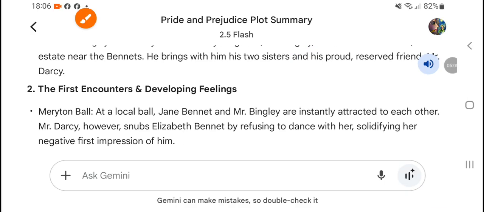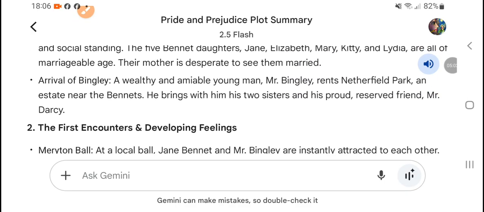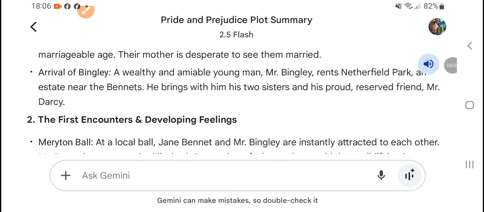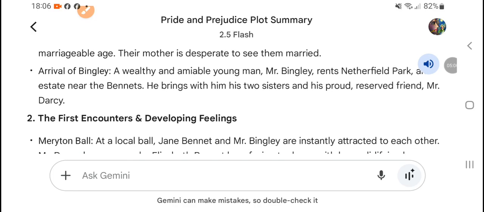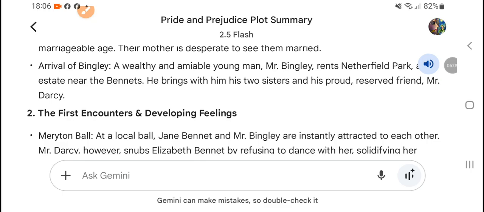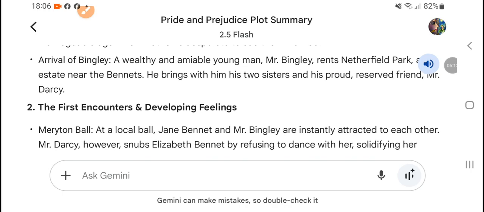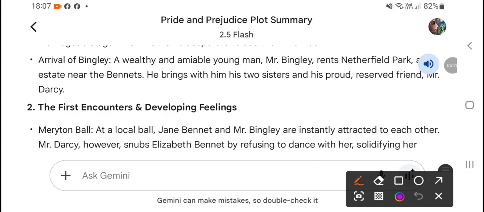So he rents an estate near the Bennets. He brings with him two sisters and his proud, reserved friend Mr. Darcy.